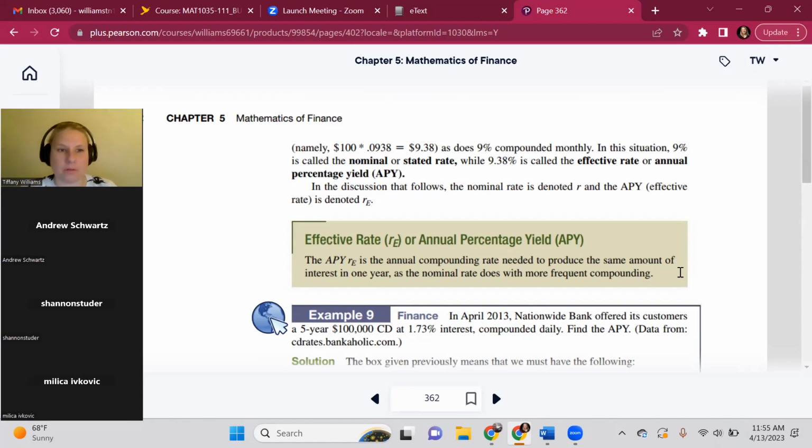APR rates are nominal, and the compounding periods are usually monthly. An annual effective interest rate is the true interest that is being charged or earned. APY rates are effective rates. It is the true rate that states exactly how much money will be earned on interest.